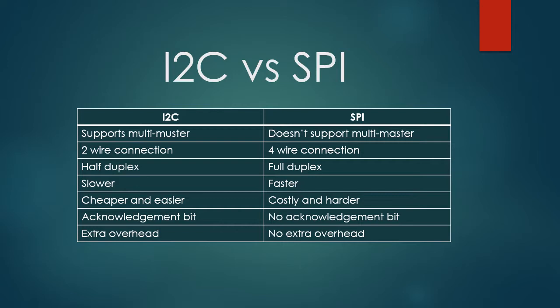Even though SPI is full duplex, most of the time you can't really get the full benefit of it, because if you're using an SPI sensor, then you'll have to send the proper instruction first, and when you're sending the instruction you are also receiving some data, but you can't really use that data.